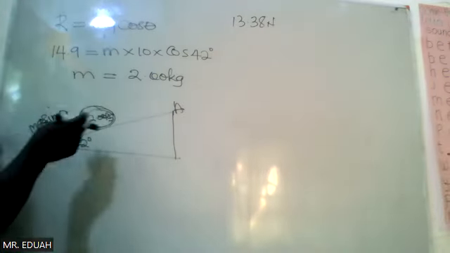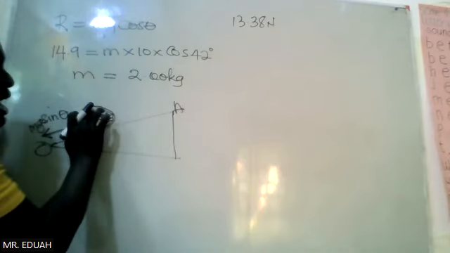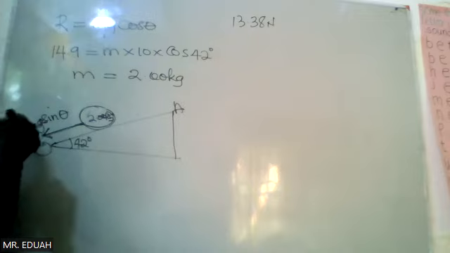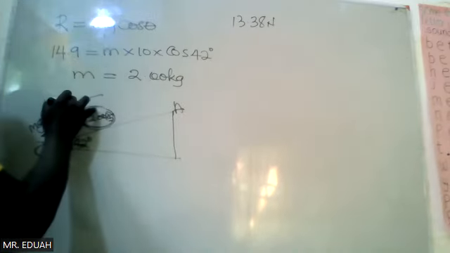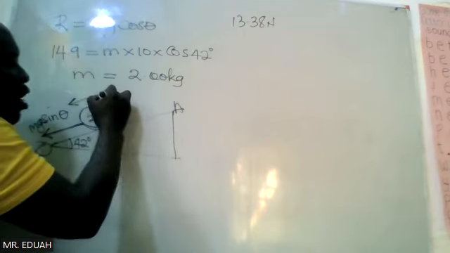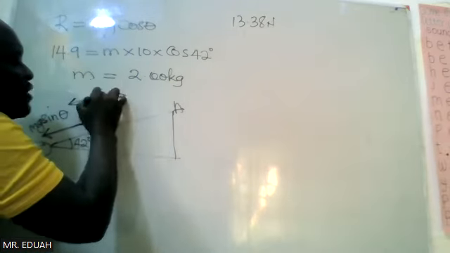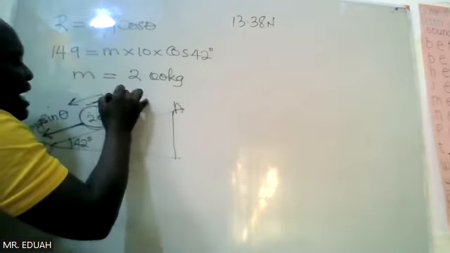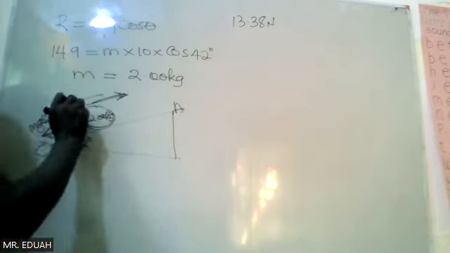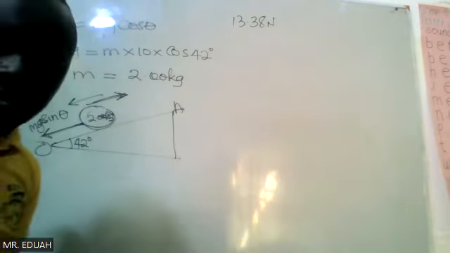Now, if I want to stop this from rolling down and then be still on the plane, will I apply a downward force or an upward force? Which of these two situations must be done? To stop this, will you apply a downward force or upward force?